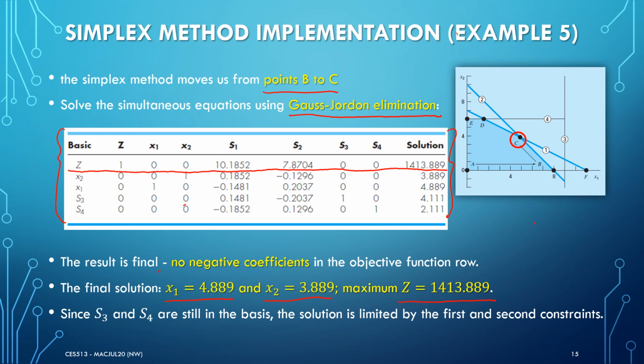Then, since S3 and S4 are still in the basis, we know that the solution is limited by only the first and second constraints. So that's all for example 5.